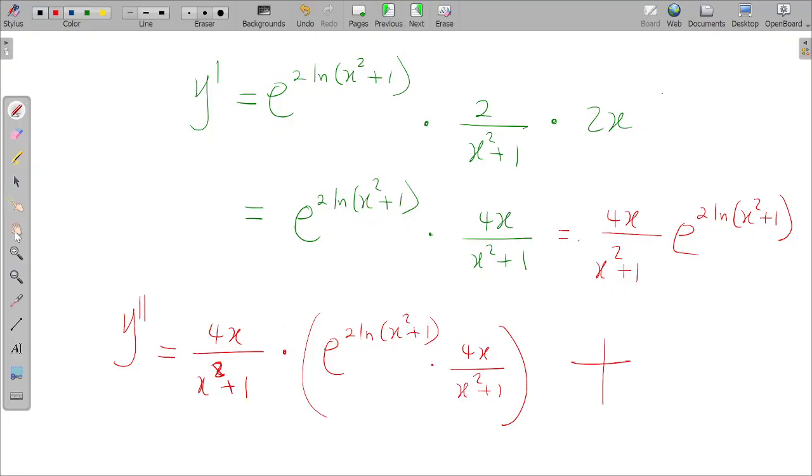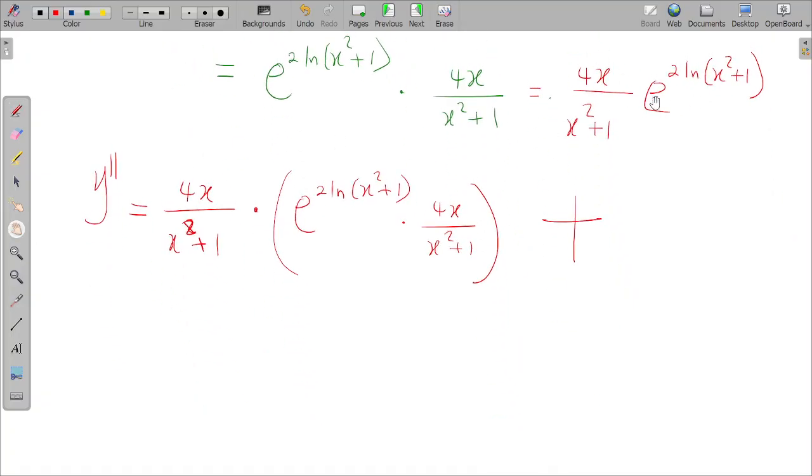Then plus, I hold on to this, and then I derive this. To derive this, this is the numerator, you derive that one first.